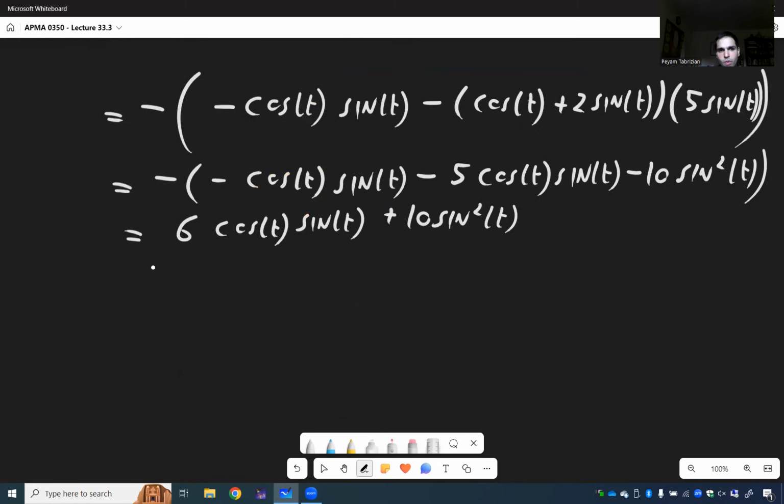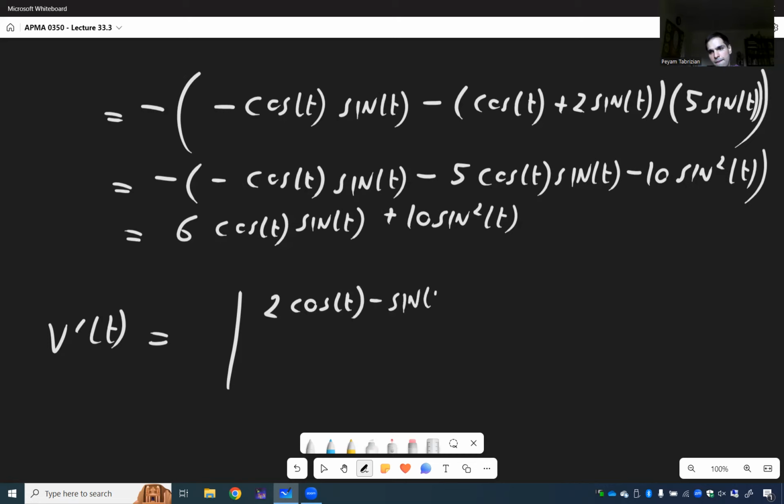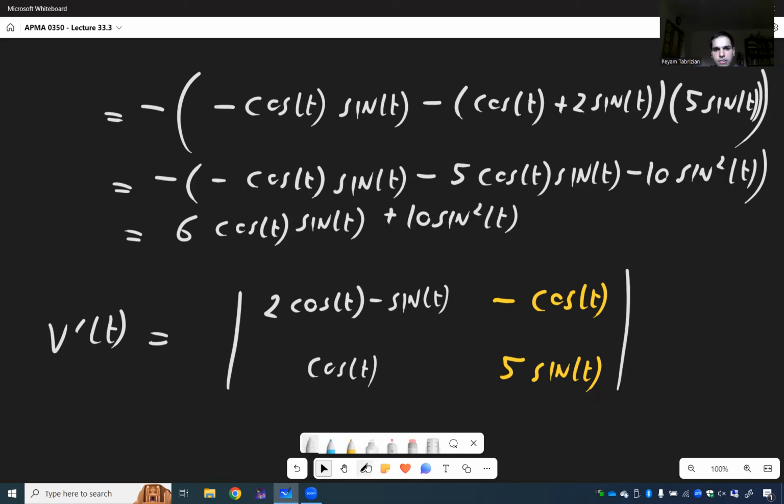And I'll just write down what happens for v prime. So for v prime, it's the same thing, but you replace the second column by the inhomogeneous term, 5 cosine t minus sine t, and then cosine t, and minus cosine t, and then 5 sine of t, again divided by the denominator.